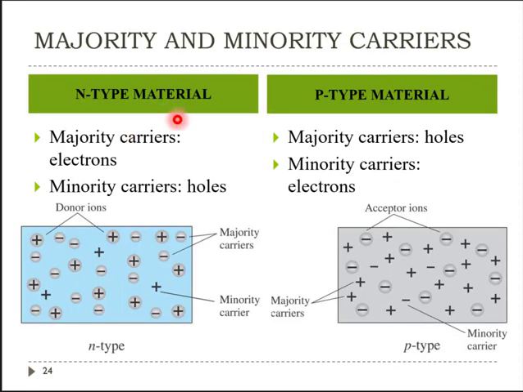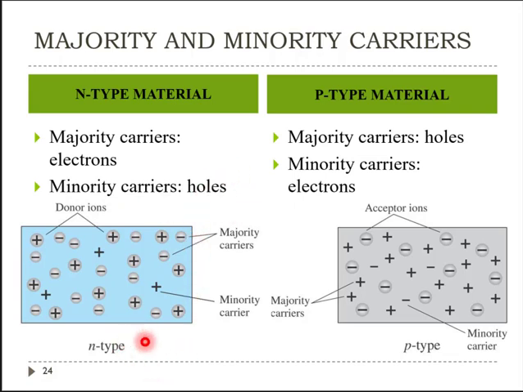So as a summary, for the N-type and P-type material, we can say that the N-type material's majority carrier is the electron. If you look at this image, the electron is the majority carrier, and they have a lot of electrons, which have a negative charge, and they have minority carriers, which are holes.